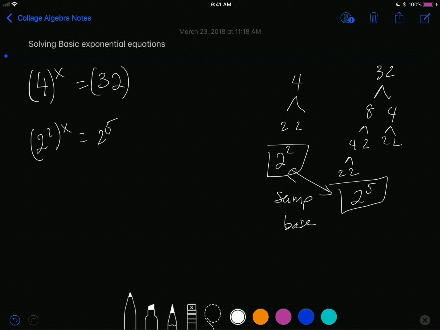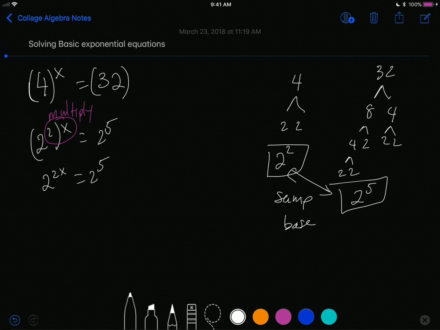So what do I do next? There's a nice rule that says when you have a power to a power, you have to multiply. This is one of the rules that you need to write down. Put a nice little color on this, because this is a rule you will use over and over again. So this simplifies to 2 to the 2x is equal to 2 to the 5th.